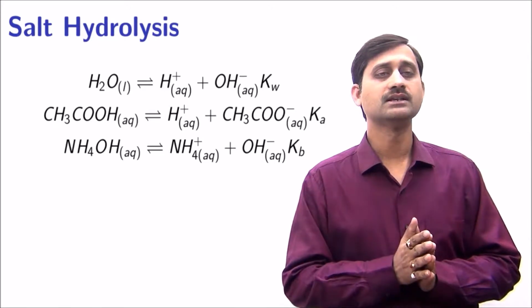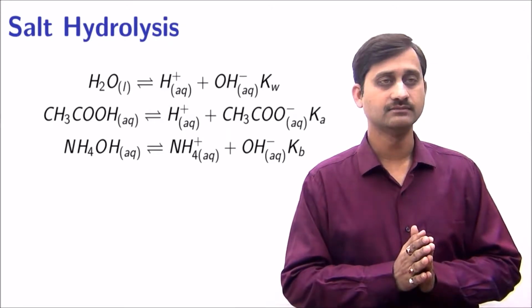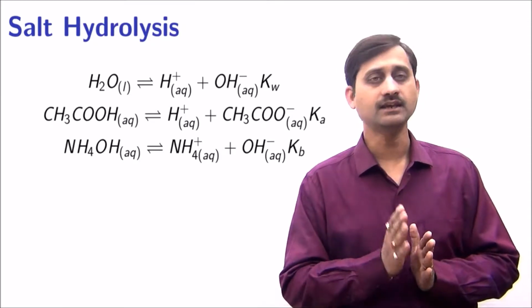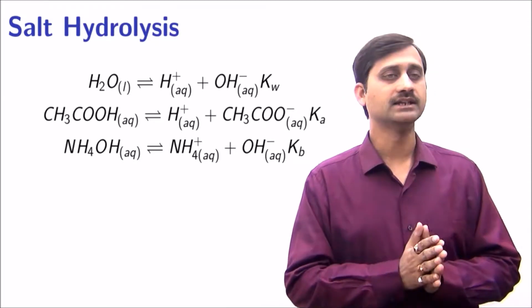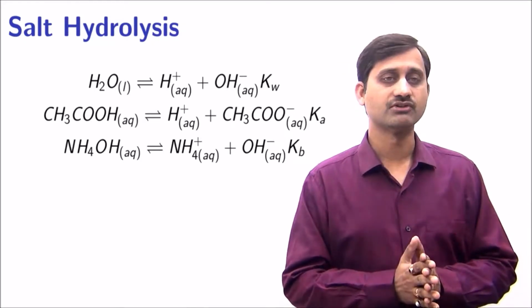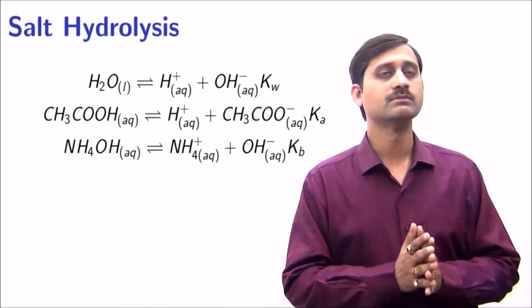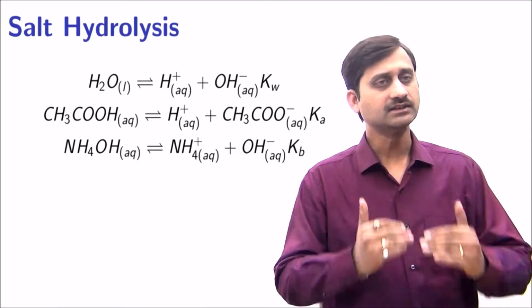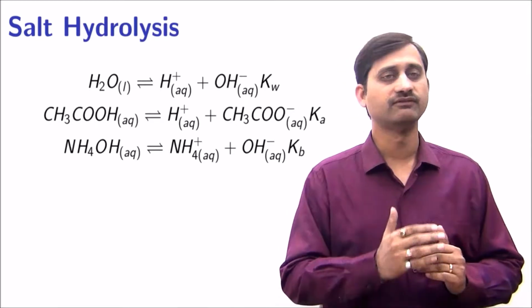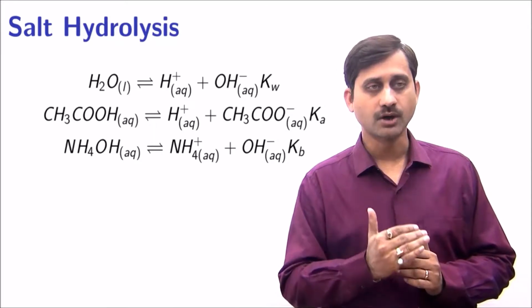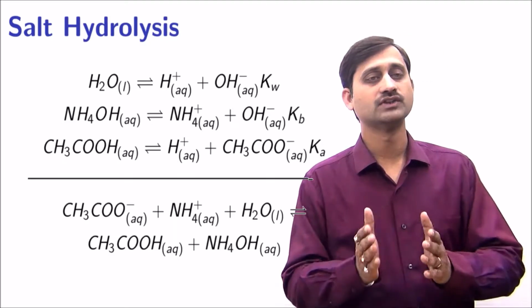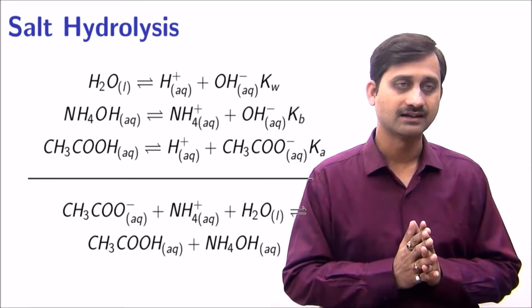The second equation is the dissociation of acetic acid having the equilibrium constant as Ka. And the third is the dissociation of ammonium hydroxide having the equilibrium constant as Kb. If the second and the third equation are subtracted from the first, the equation obtained is the same that we have written for the hydrolysis of ammonium and acetate ions.